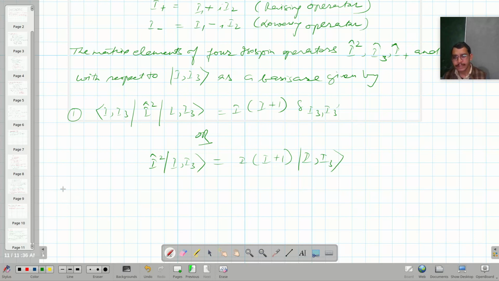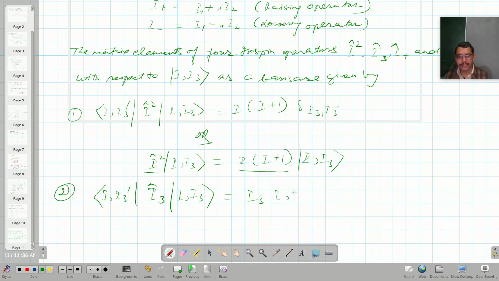Then second is I3 prime. It is I3, so it is I3 as it is, meaning the eigenvalue of I3 is I3. The eigenvalue of I squared when operated on the state I, I3 is I into I plus 1, so its eigenvalue will be this one and its eigenvalue will be this one.